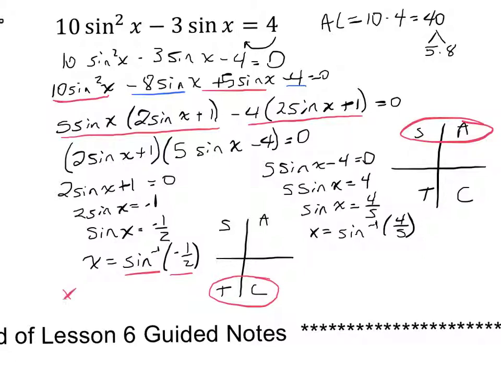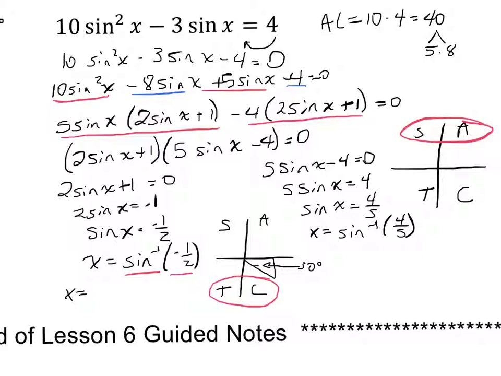So x is going to equal the inverse sine of negative 1/2. And we get negative 30 degrees, okay, which tells us, yes, we are definitely in quadrant 4.